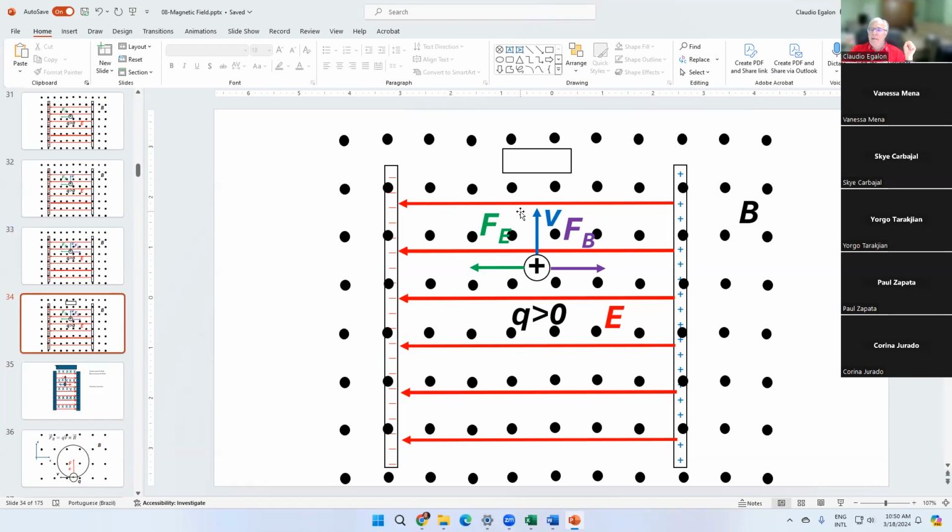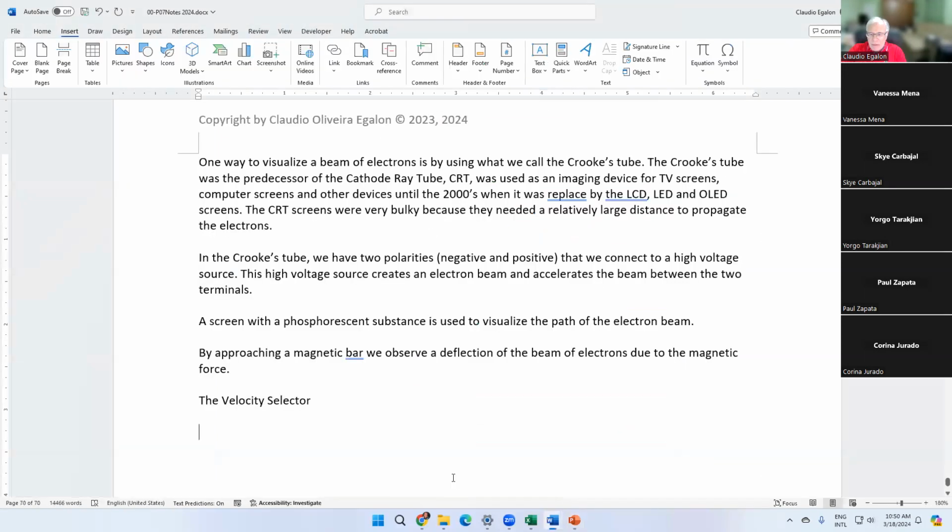If the velocity is different, the particle is going to be deflected either to the left or to the right. Make sense? Okay, and we can go ahead and play with the equations. Velocity selector. Components, right?